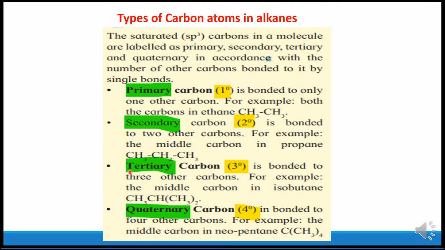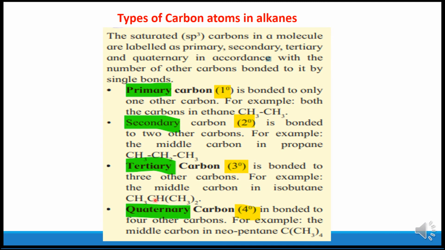Now, tertiary carbon atom or 3 degree carbon atom. Tertiary carbon atom is that carbon atom which is bonded with 3 other carbon atoms. For example, CH3, CH, it is bonded with 2 CH3 groups.